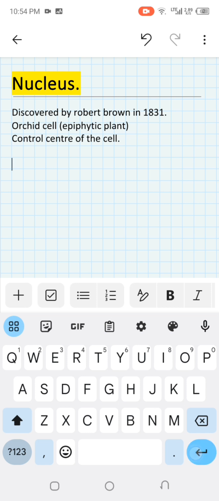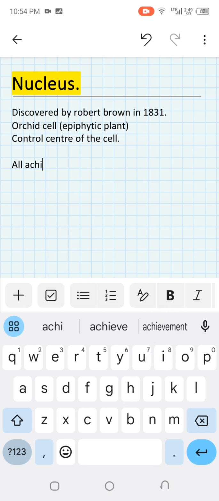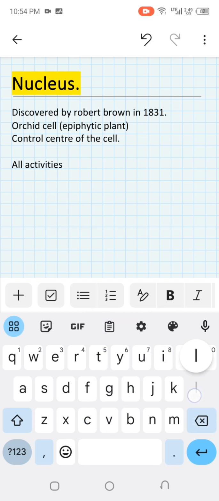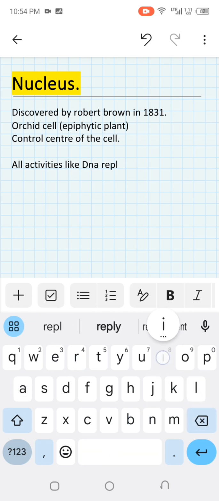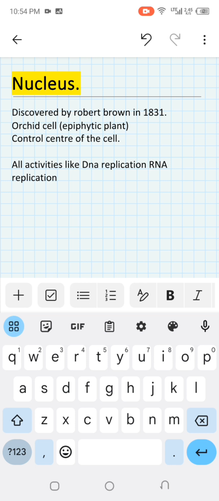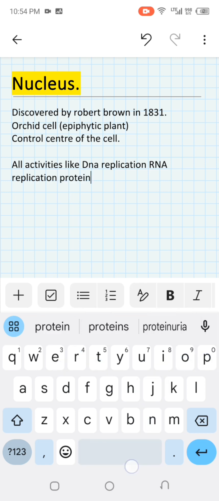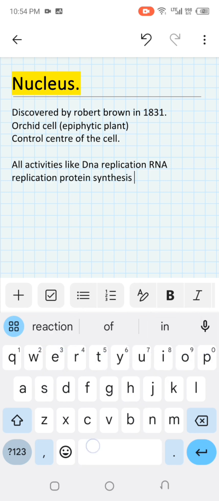All activities like DNA replication, RNA replication, and protein synthesis are done through the nucleus.